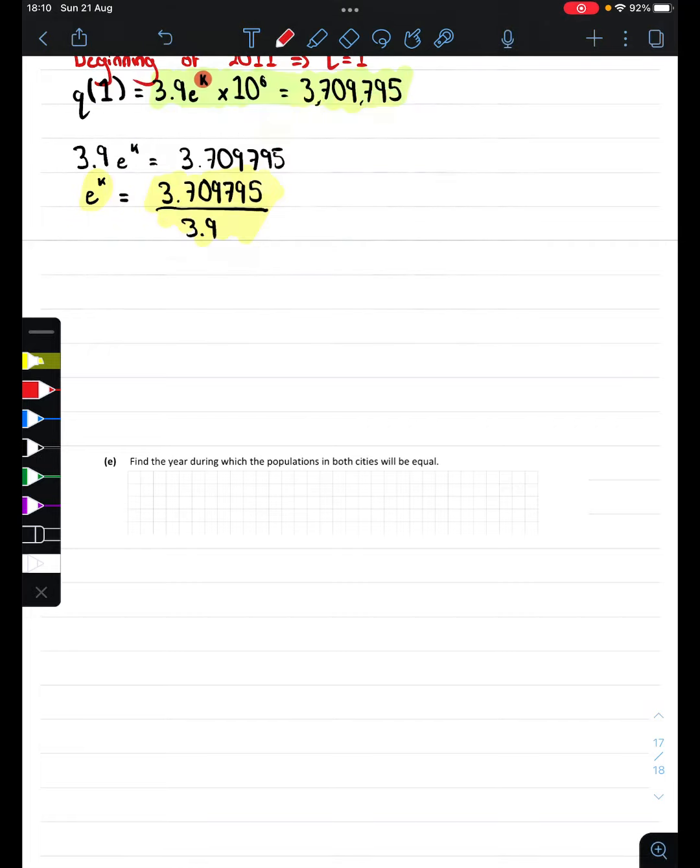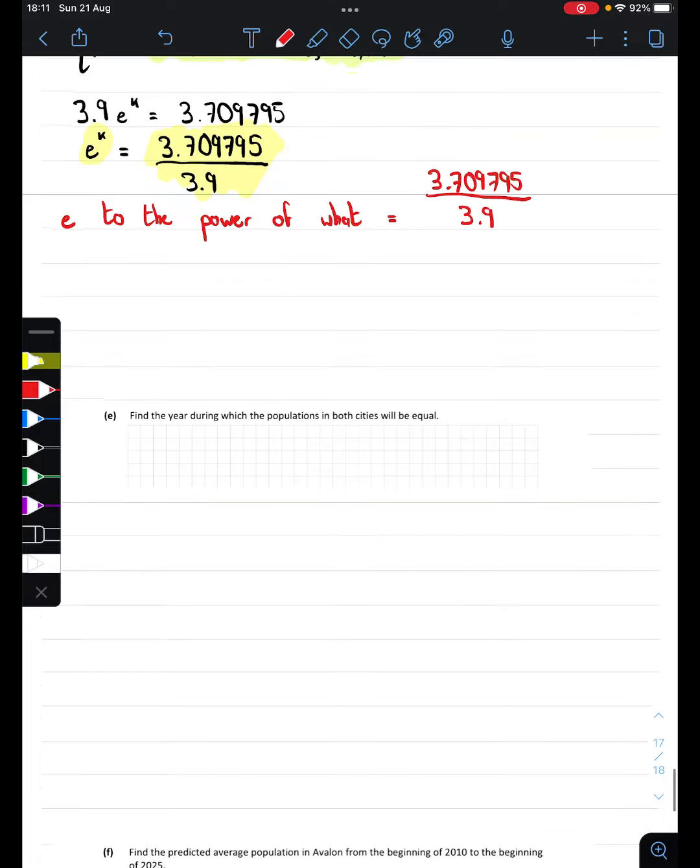The question is, e to the power of what equals this fraction here, 3.709795 over 3.9? E to the power of what equals this? And we actually have a way of expressing this question in a nice little expression.